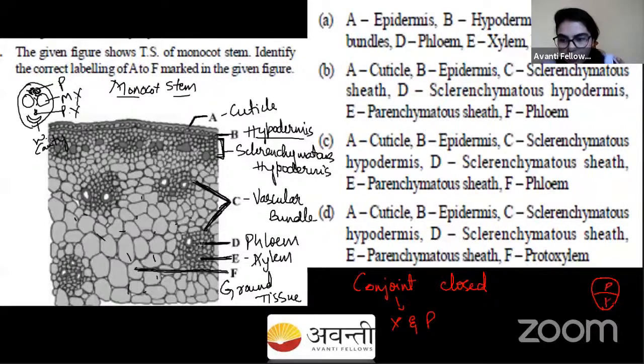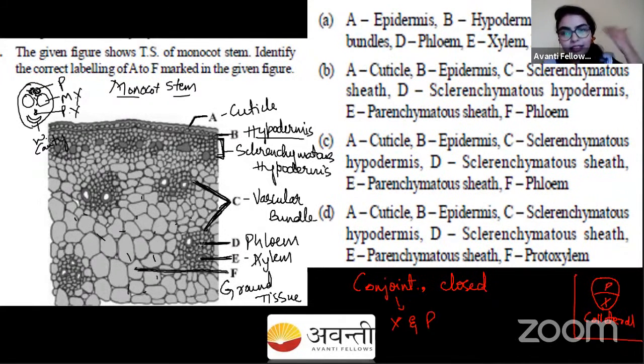When both phloem and xylem are in a single radius, then we call it collateral. But this happens in the case of dicot, not in monocot. So here we can say conjoint, not collateral. Now look at the cambium. Is there a cambium here? If cambium is present, then we call it open.